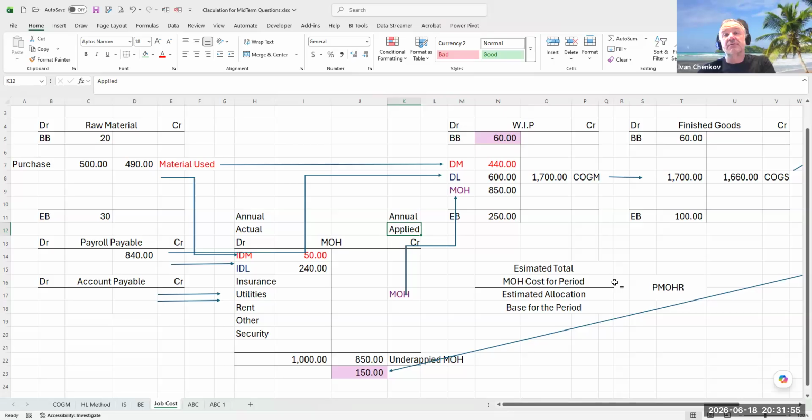There's literally nothing in the job costing. The only thing is how you apply the manufacturing overhead. But on the manufacturing overhead, you're applying it through the predetermined manufacturing overhead rate. Now, the question may ask you, if that's how much you applied, and that's how much the usage is, what's the predetermined manufacturing overhead rate? Which again, the question is going backward now.